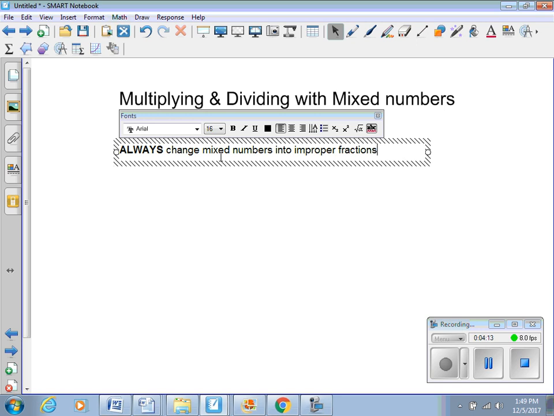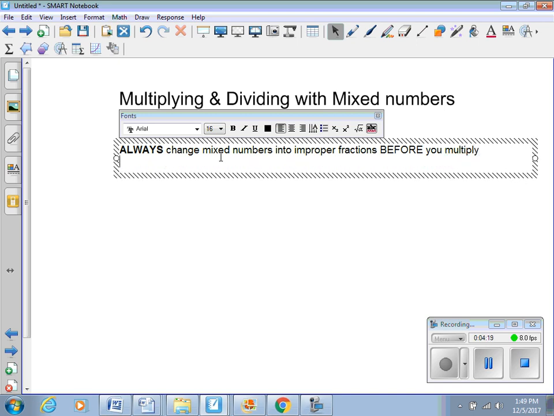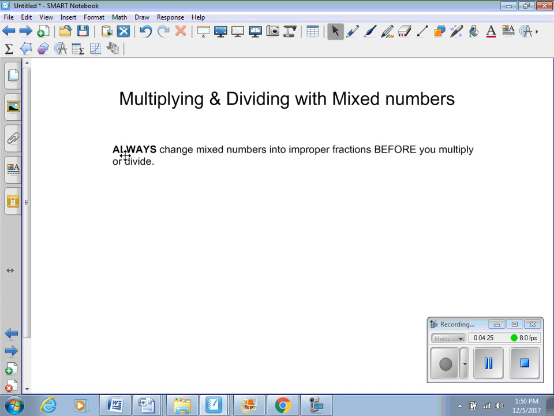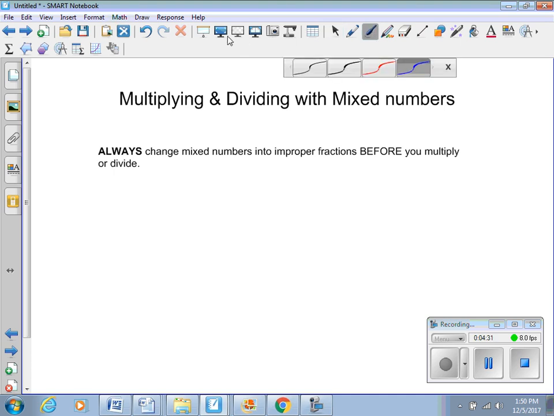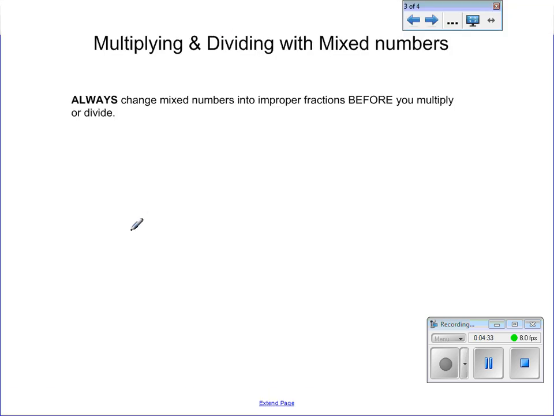And this will always happen before you start multiplying or dividing. So these are notes that if you do not already have them, you should go ahead and take.